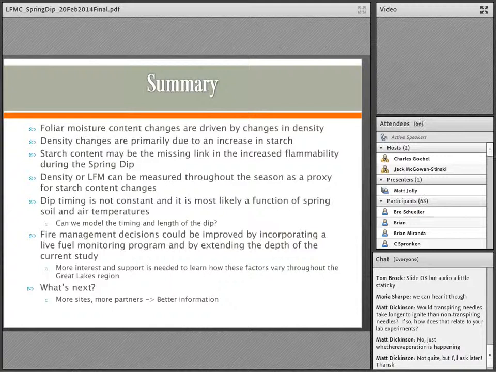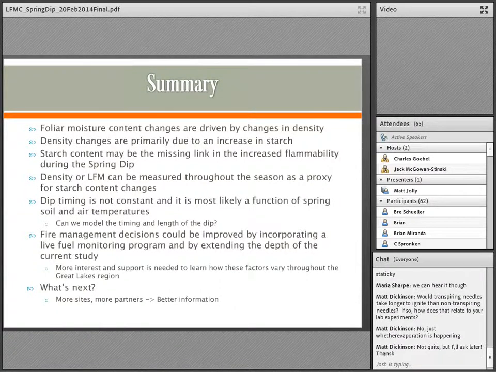It could very well be the missing link that helps us assess changes in flammability throughout the season for other places. Basically both density and live fuel moisture can be used as a proxy for these changes. So the fact that you're measuring fuel moisture is still not a bad thing.